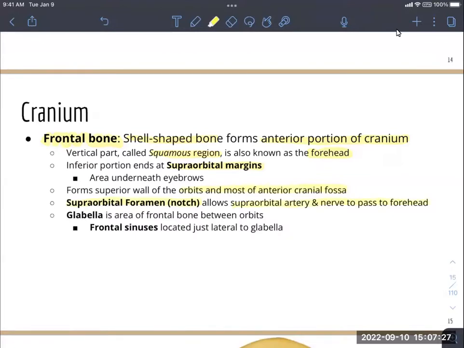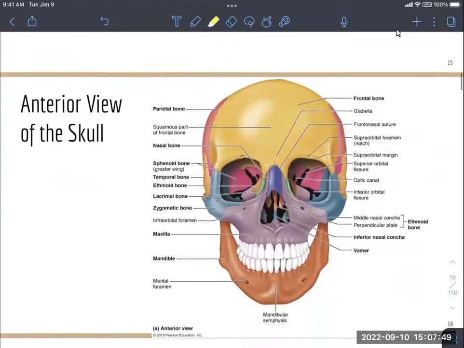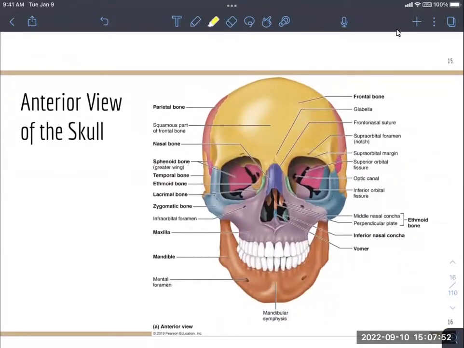Very important. We have what is called a glabella. That is the area between the orbits. We also have the frontal sinuses. Those are just above your eyebrows, just lateral to that glabella. So let's look at our frontal bone. We see that glabella here. Our glabella is this area right here.